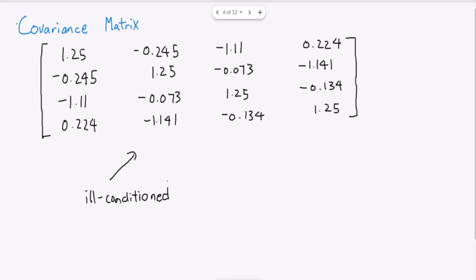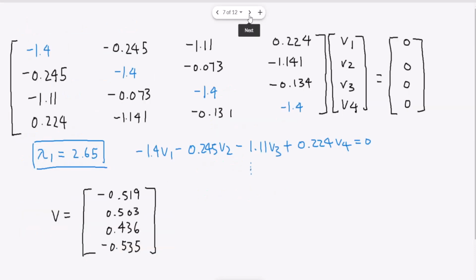Since it's ill-conditioned, small changes in your input will result in drastically large changes in your output as well. And when I computed the condition number of this matrix, it was like 22,000 or something. And even a condition number of 1,000 is considered numerically unstable.